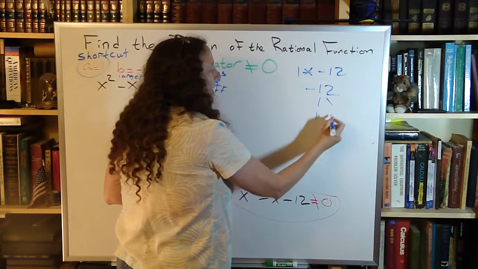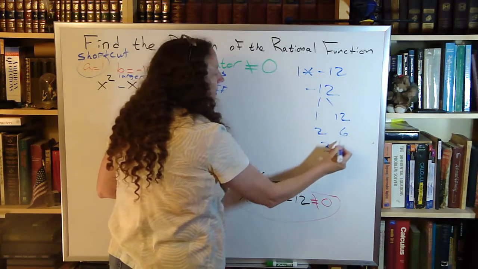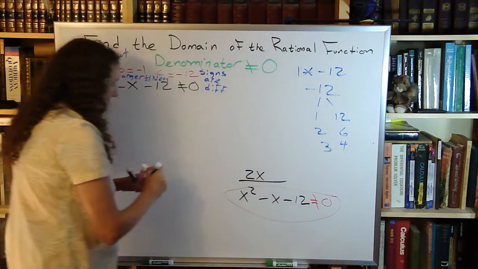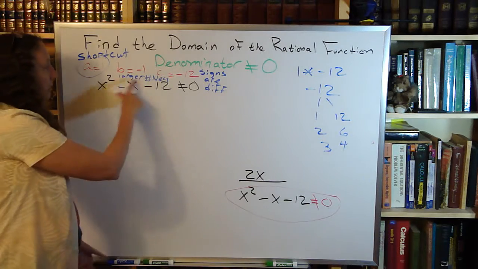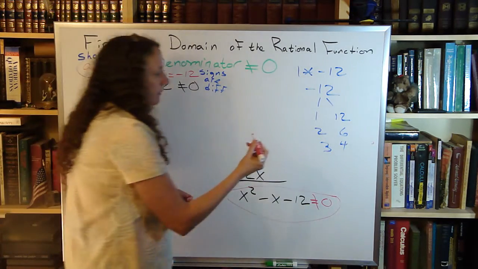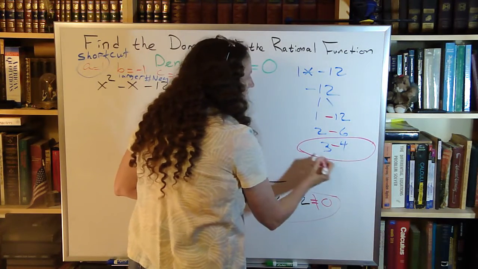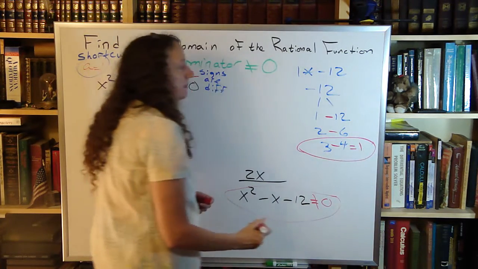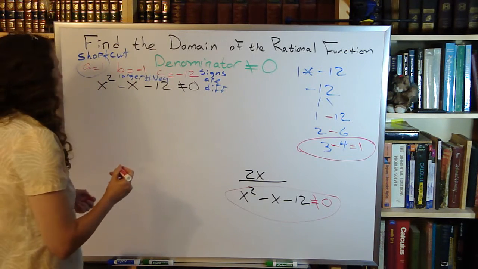It could be 1 times 12, could be 2 times 6, could be 3 times 4. I know that my larger number is negative, and I see that 3 minus 4 is negative 1, so I'm going to use the 3 and the 4. It's 3 and negative 4.